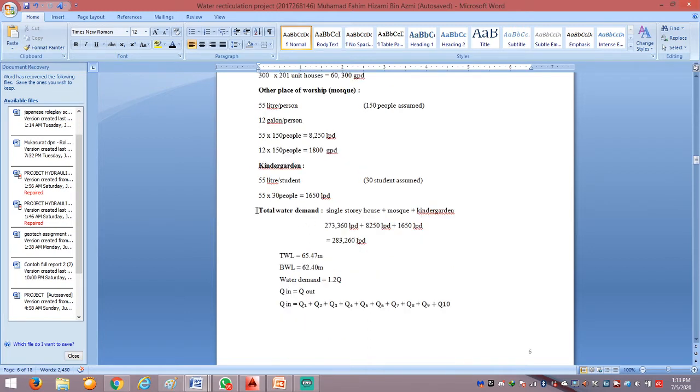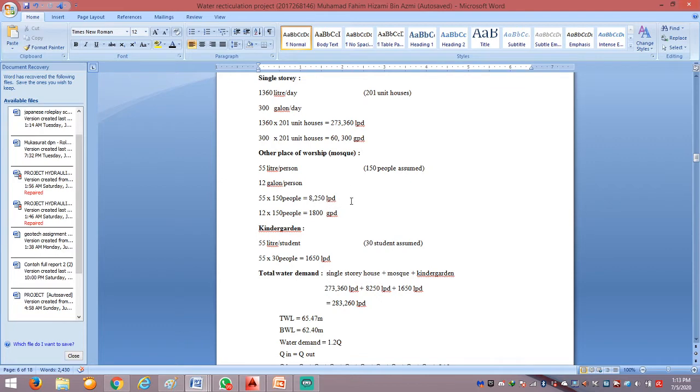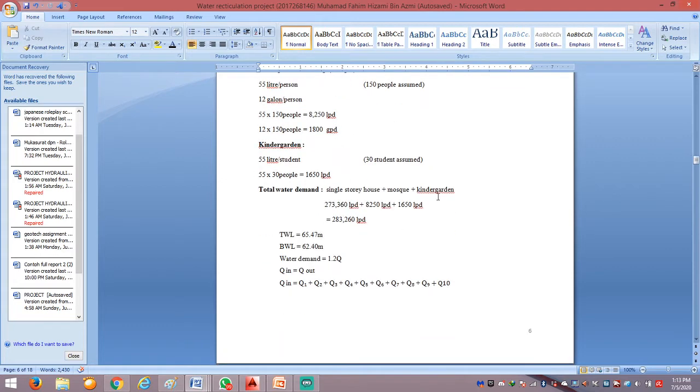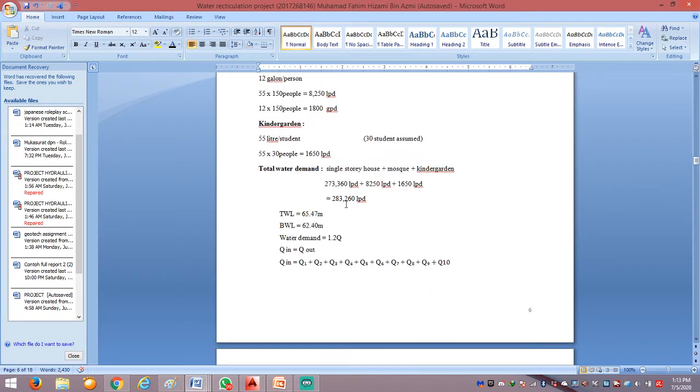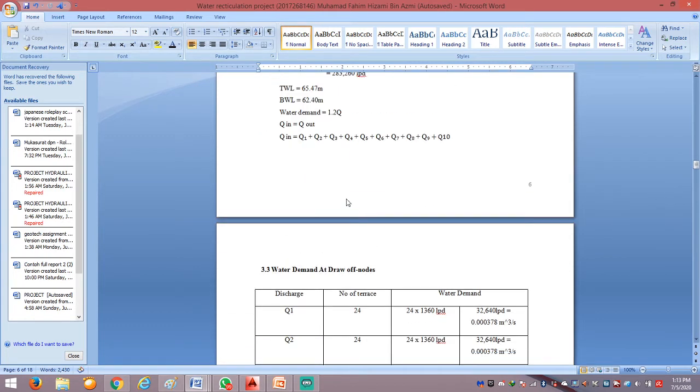For the total water demand, I add up all of the single story houses, the mosque, and the kindergarten. So I've got the total water demand. Okay, so the Q in is equal to the Q out. The Q out for the draw-off nodes is Q1 until Q10.